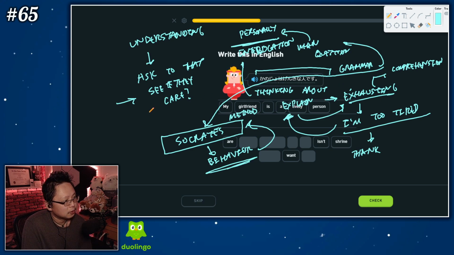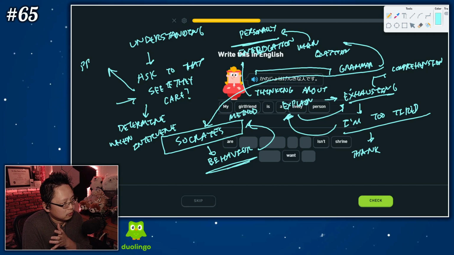So from a person who's asking a question, you can determine when to intervene. And what we're trying to compare it to is someone who just assumes or presumes things.